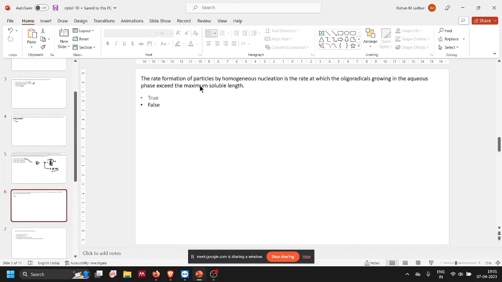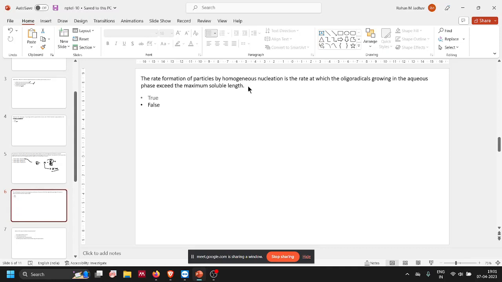The rate of formation of particles by homogeneous nucleation is the rate at which the oligoradicals growing in aqueous phase exceed the maximum soluble length. So this is a straightforward question for the rate of formation of particles by homogeneous nucleation in the emulsion polymerization process. When the oligoradicals growing in the aqueous phase exceed the maximum soluble length, it will give you the rate of formation of the particles.